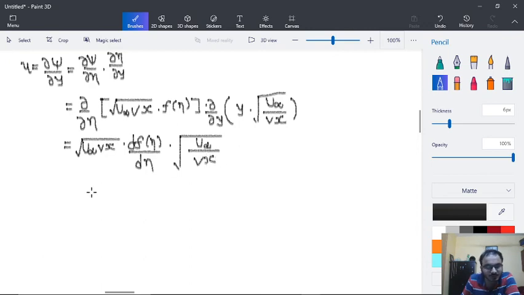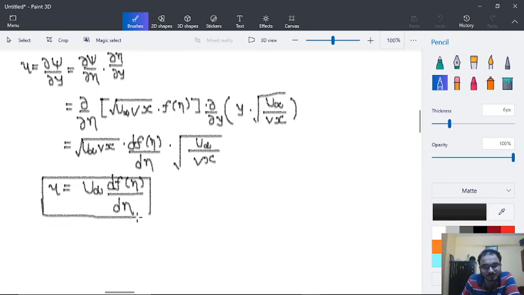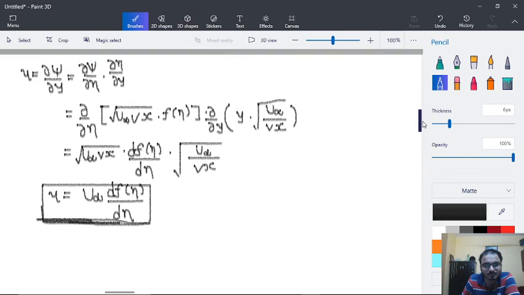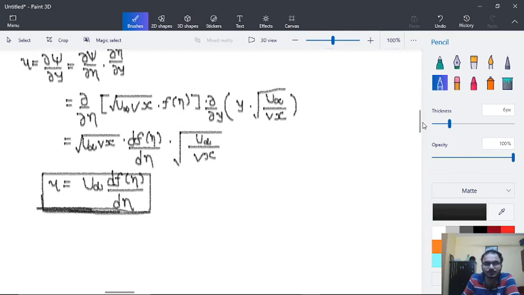So the simplification will provide us u infinity into d f of eta over d eta. So that is the value of u.